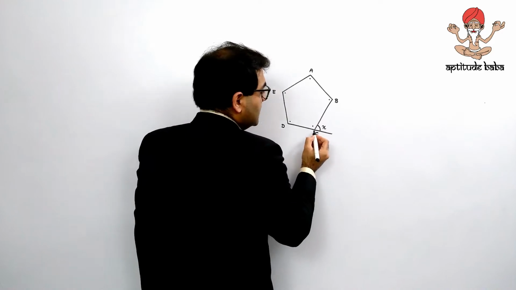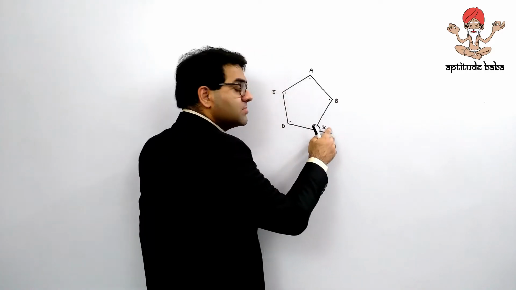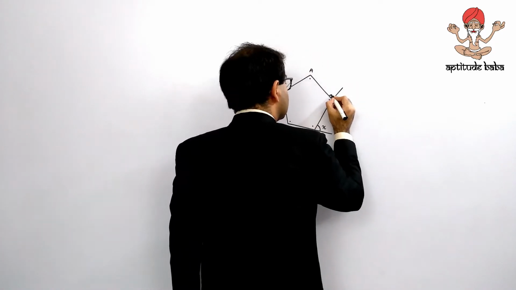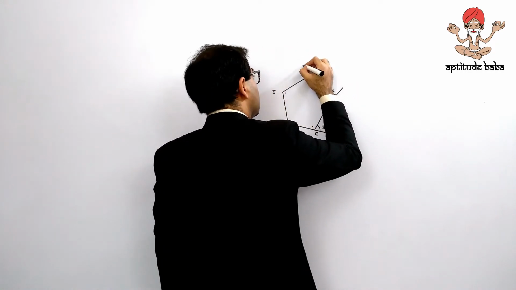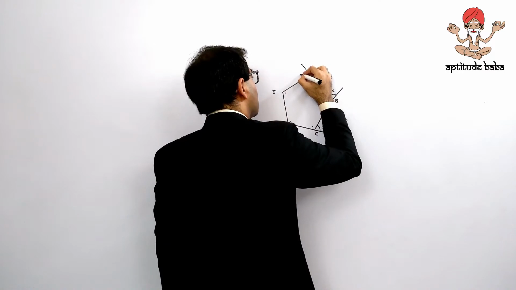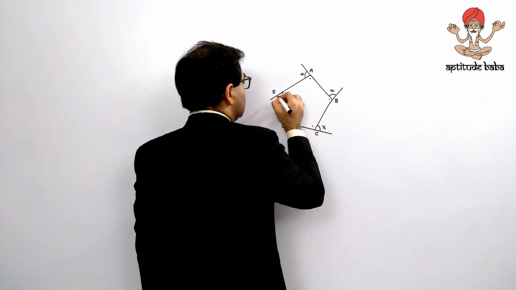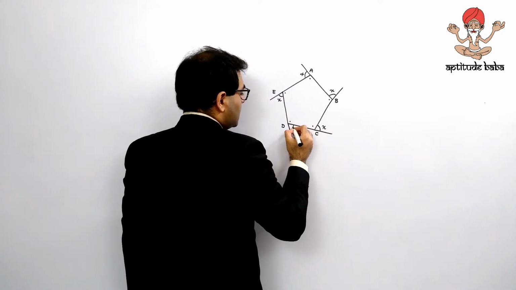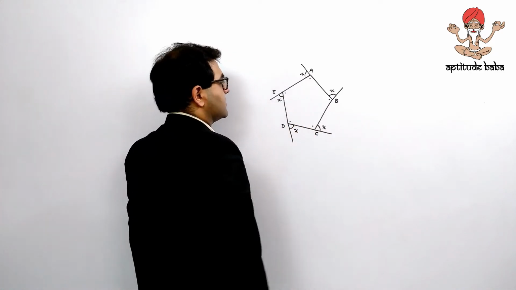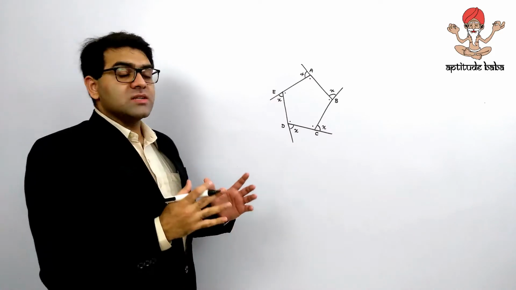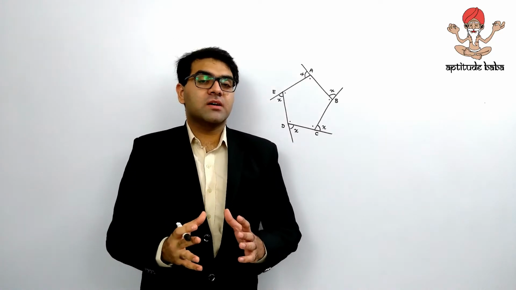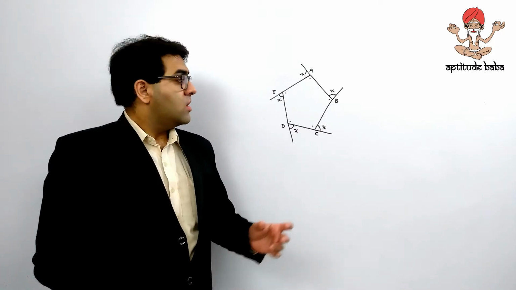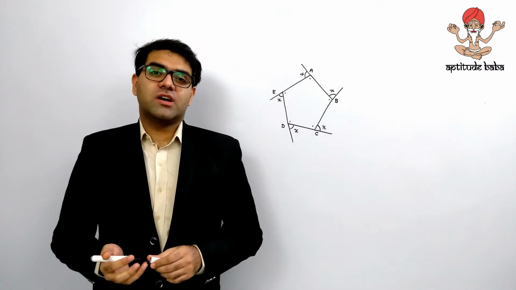It simply means that if exterior angle C has been labeled as X, I can extend CB and mark the exterior angle B as X. Exterior angle A can also be marked as X. Exterior angle E can also be marked as X. And of course exterior angle D can also be marked as X. What we have here is a situation जहाँ पे एक regular pentagon के 5 exterior angles हैं और वो पांचों ही equal हैं. मुझे x का वैल्यू निकालना है.